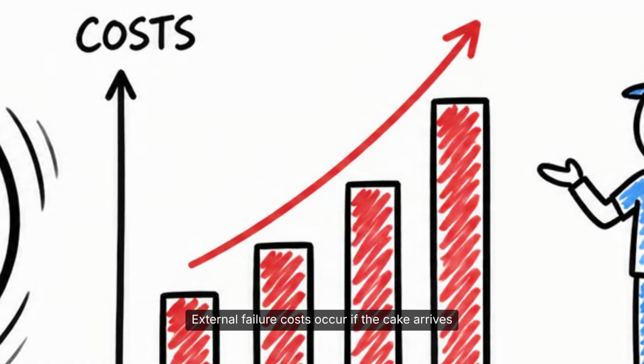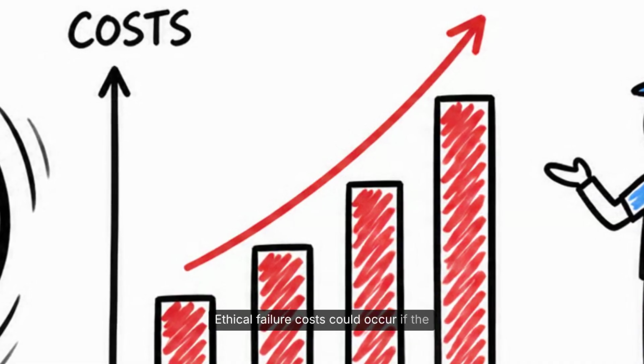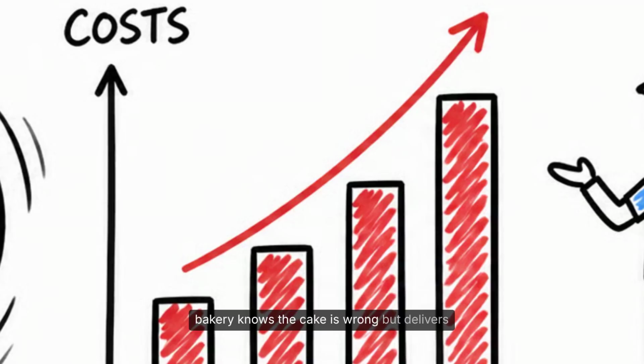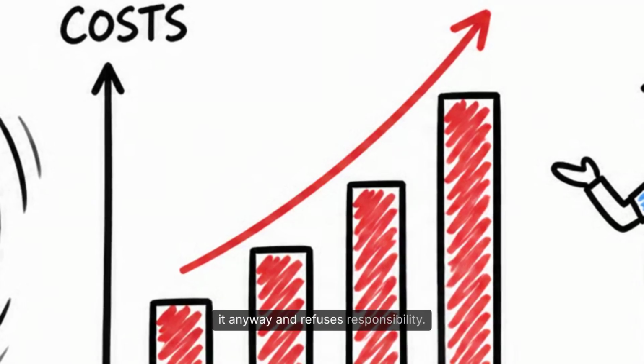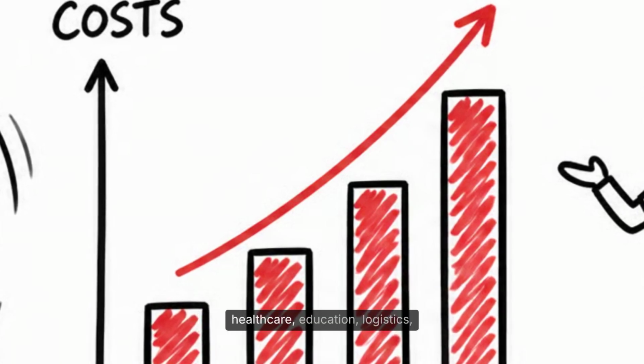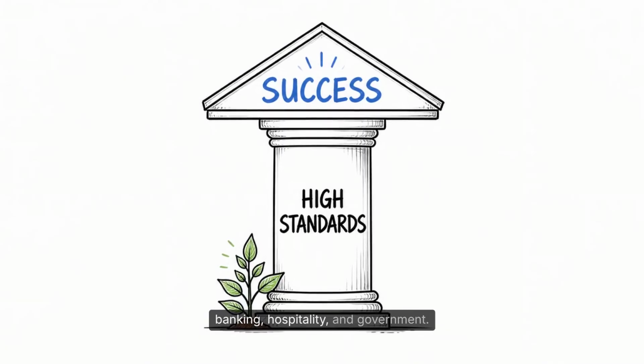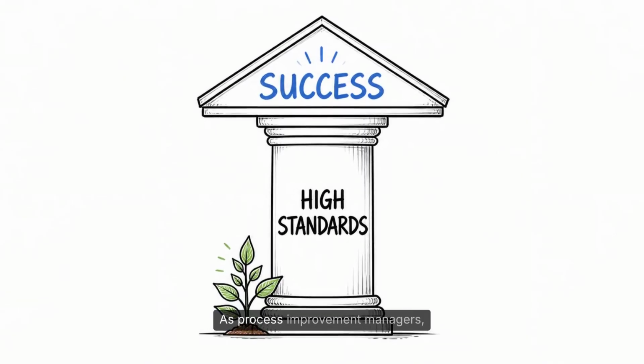External failure costs occur if the cake arrives at the wedding with the wrong names on it. Ethical failure costs could occur if the bakery knows the cake is wrong, but delivers it anyway and refuses responsibility. The same logic applies in manufacturing, healthcare, education, logistics, banking, hospitality, and government.